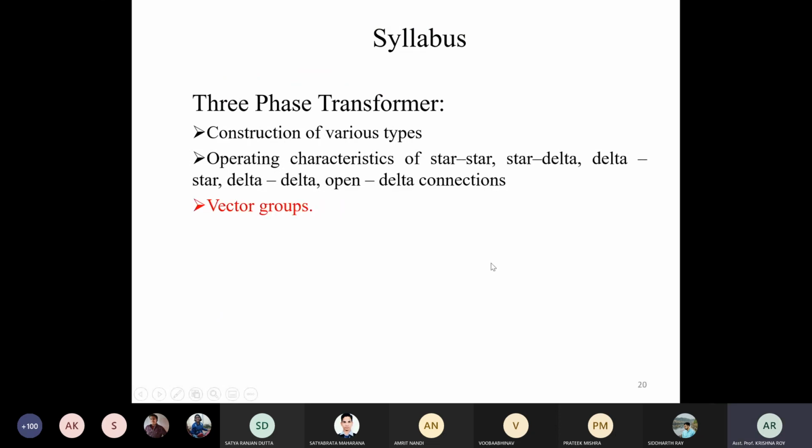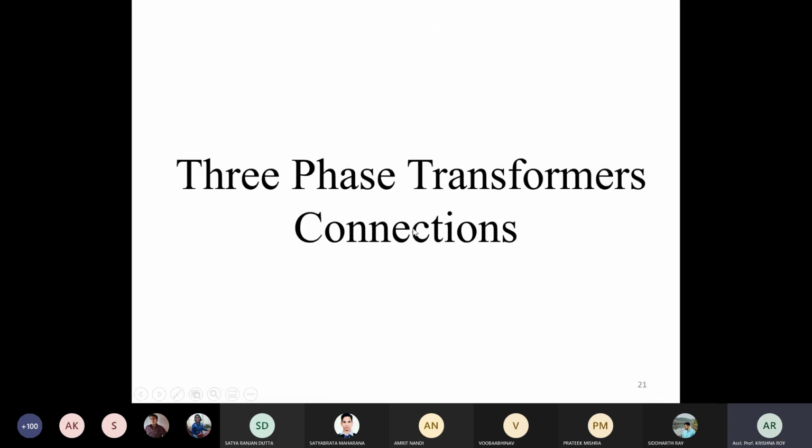Next we will discuss these vector groups or phasor groups. We'll discuss the operating principle of all these different types of transformers at the end. So first of all, let us consider the three-phase transformer connections, that is, how the three-phase transformer windings are connected.